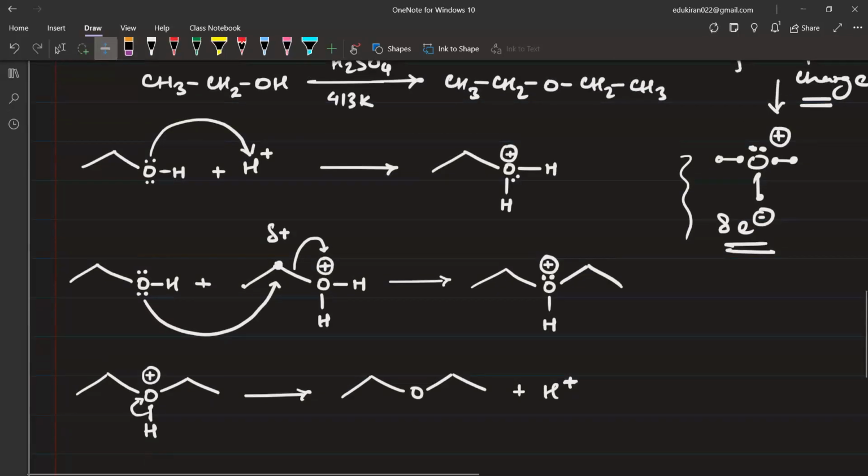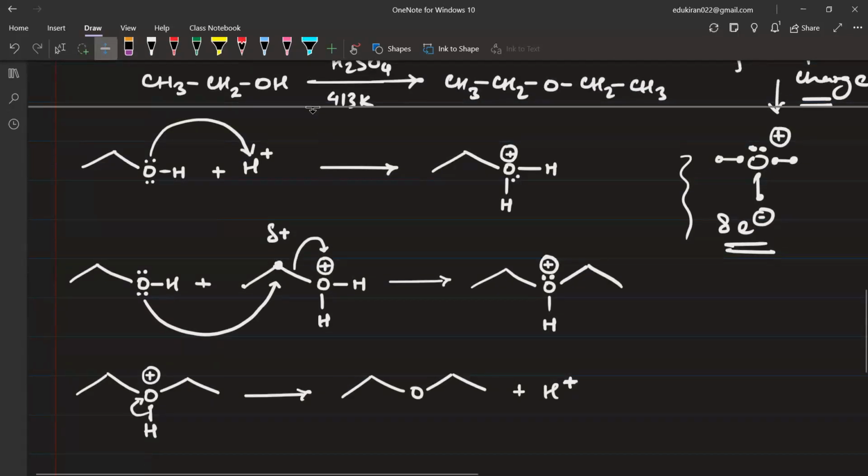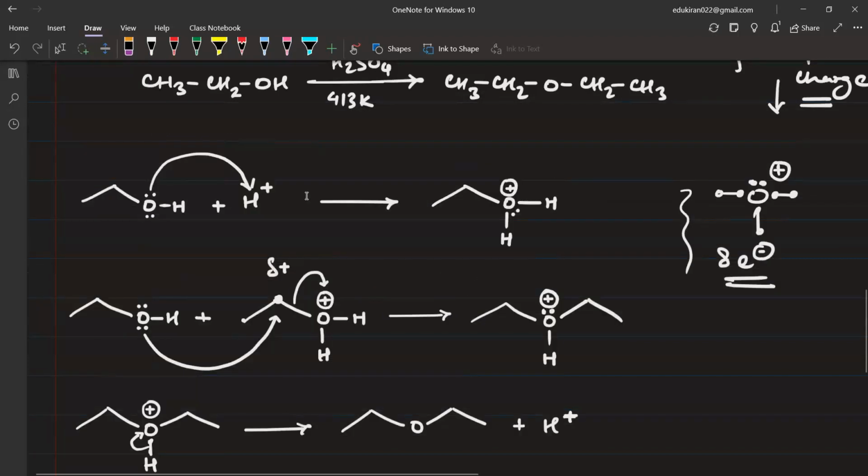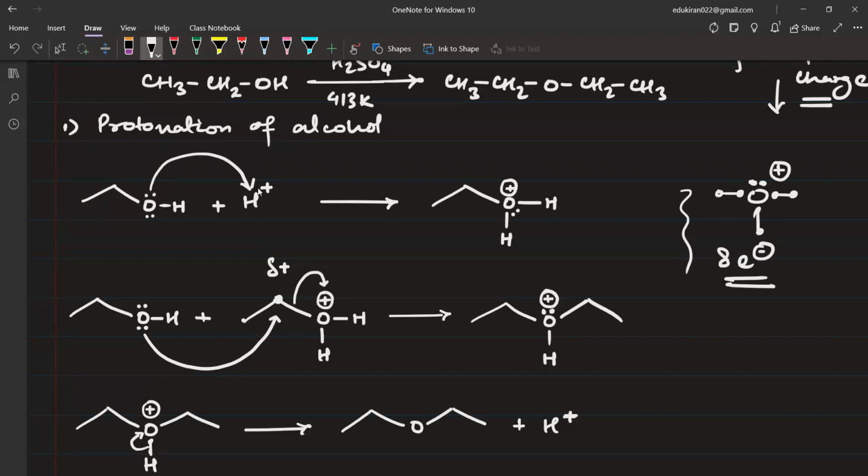Wait a second, let me just write the names of these steps so it will be easier for you guys to remember. This first step is the protonation of alcohol. The second step is attack of nucleophile.